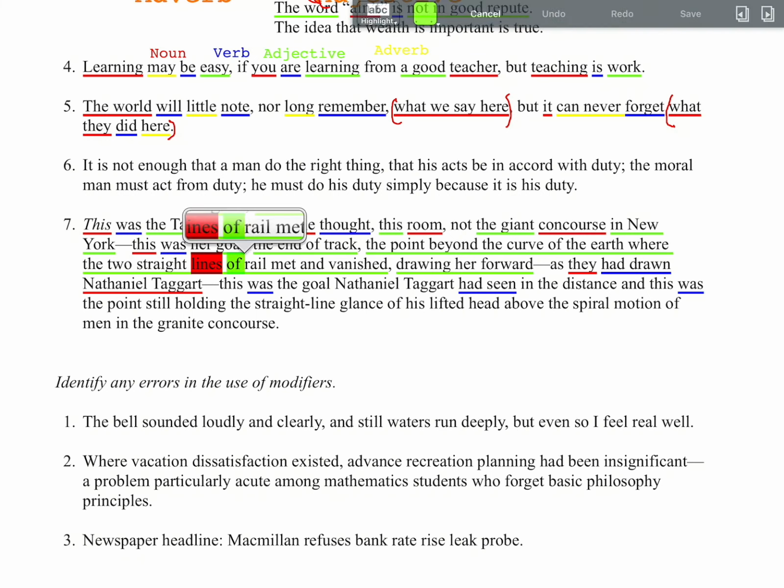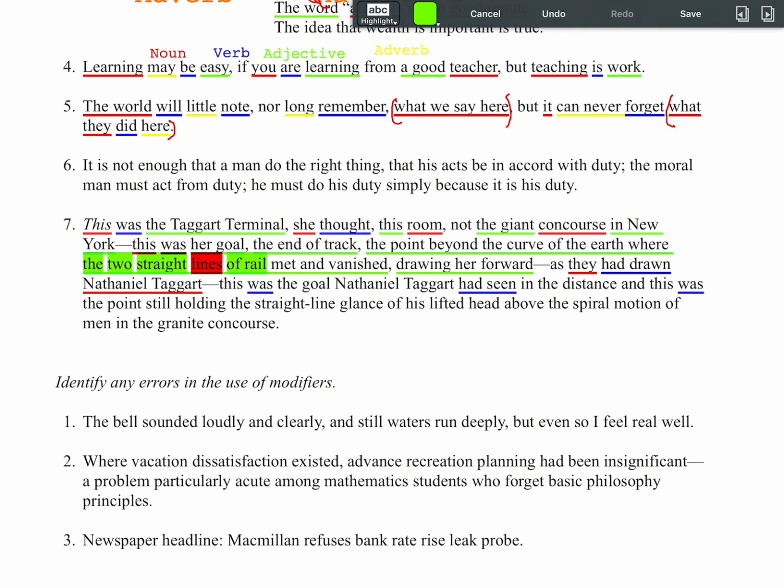So, of rail. To, straight, the. Those are all. Oh, that's interesting. The highlight on the words runs into the underline on the line above.